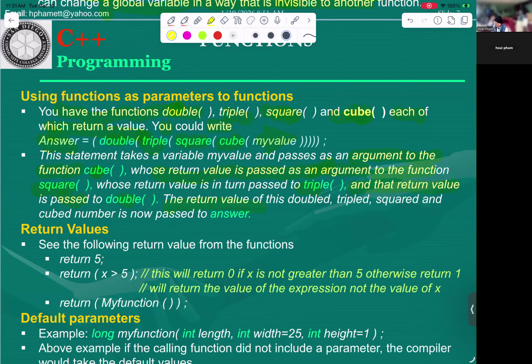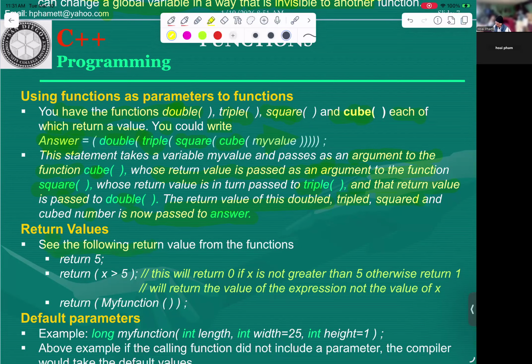The return value of the triple, square, and cube number is now passed to answer. You see that the answer equals whatever the return value is.